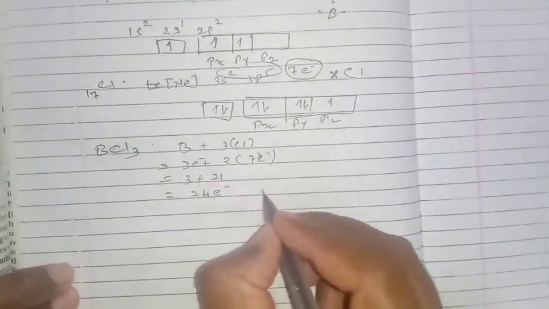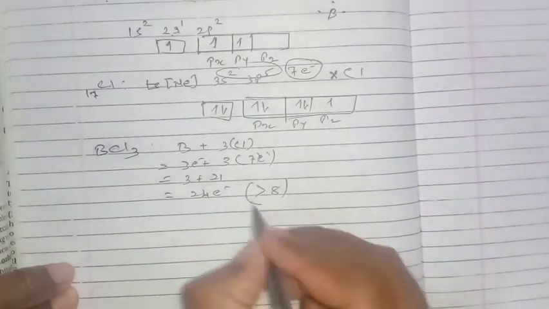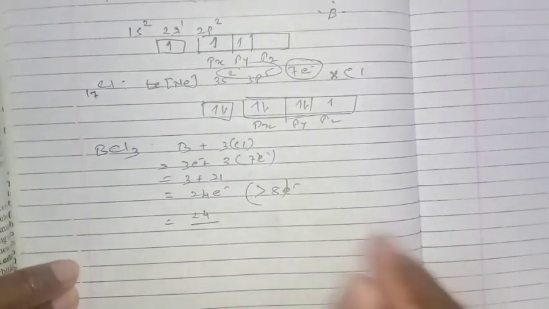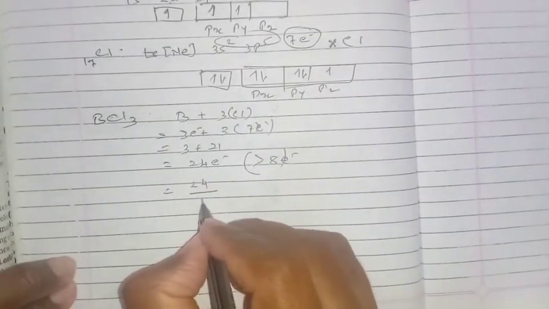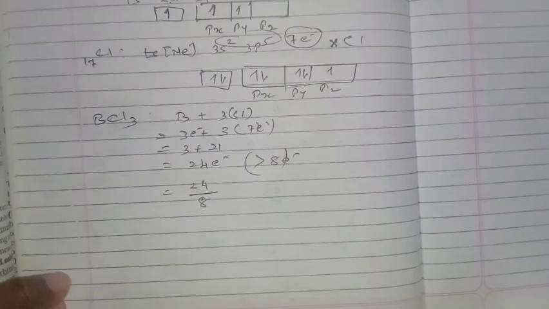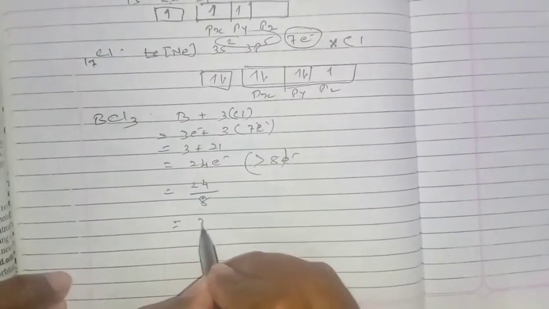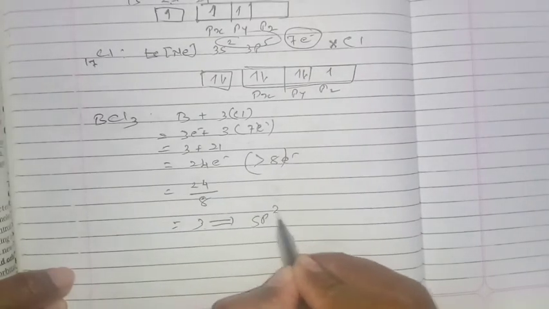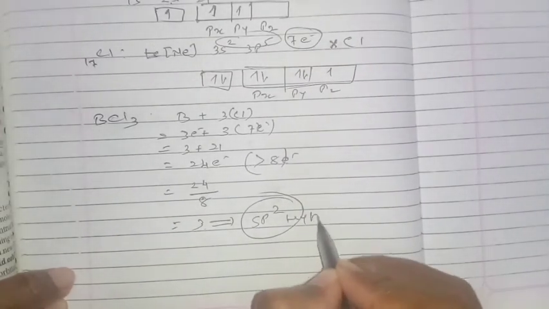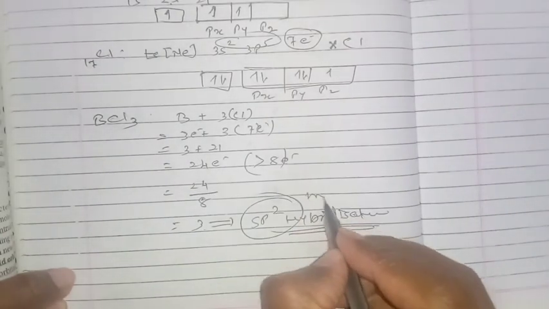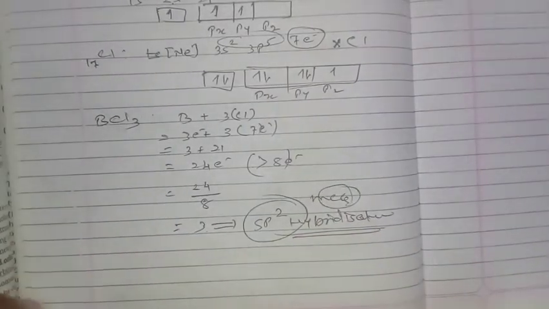So it is greater than 8 electrons, so we need to divide it by 8. Now this gives 3, that means here our hybridization is sp2 type hybridization. This is important for MCQ also.